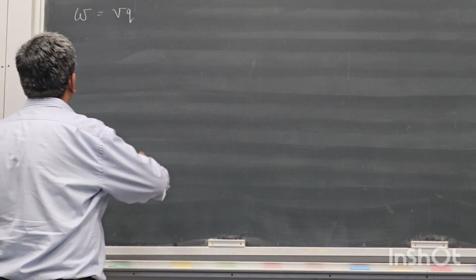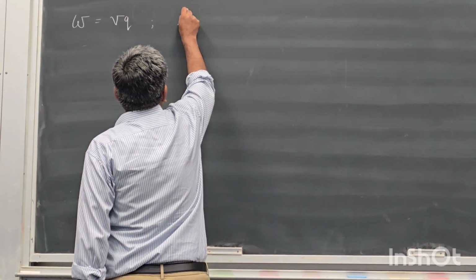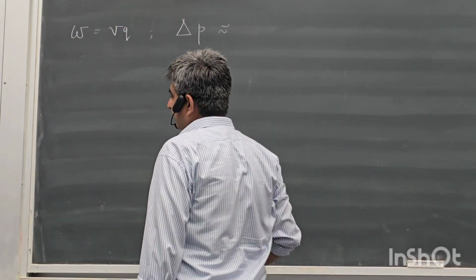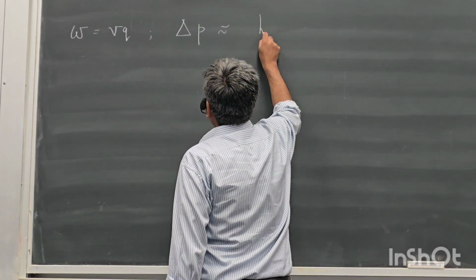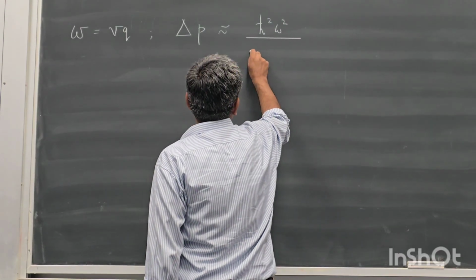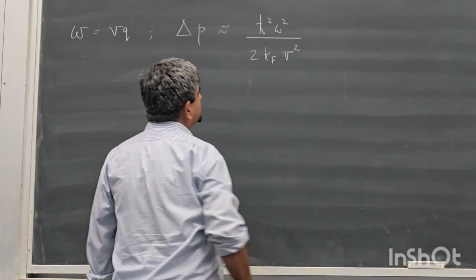Therefore the loss in momentum for an electron in a scattering event becomes h bar square omega square over 2 kf speed of sound squared.